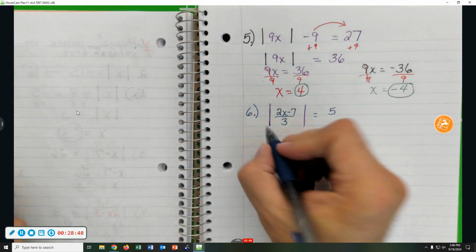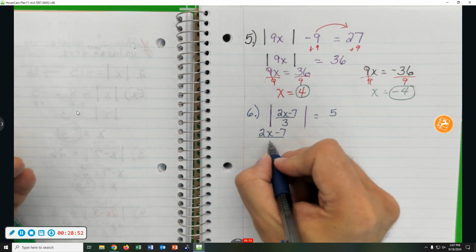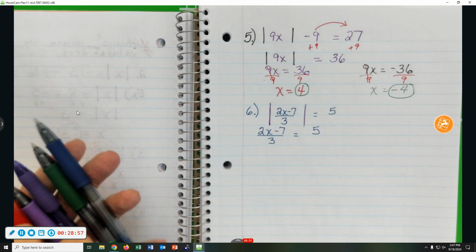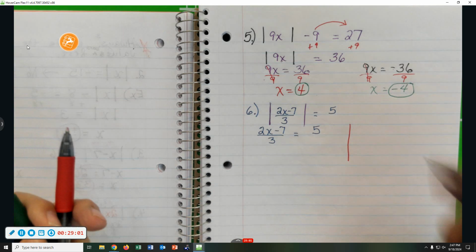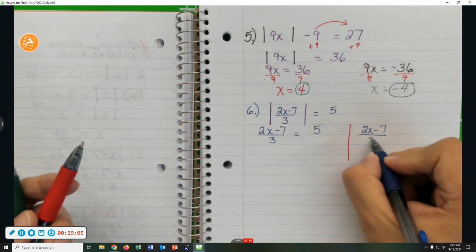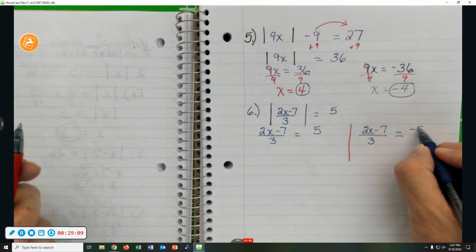Take what's inside here. 2x minus 7 over 3 equals positive 5, or 2x minus 7 over 3 equals, what am I about to write? Negative 5.